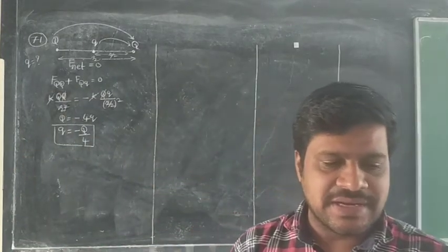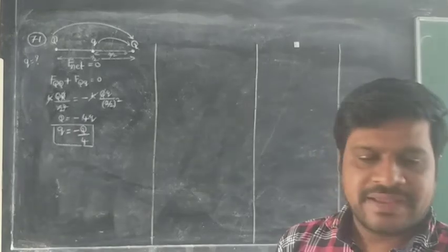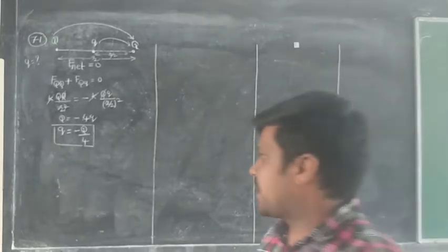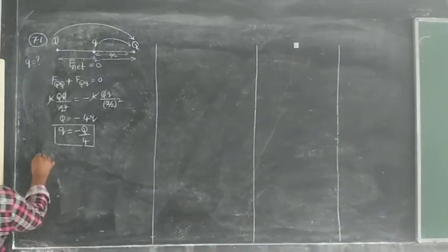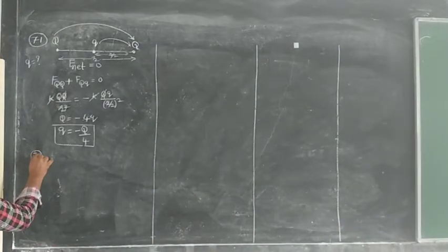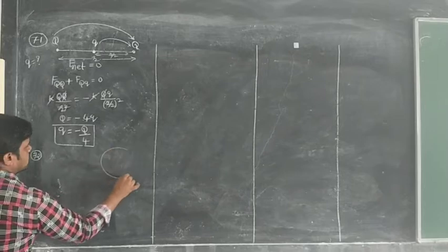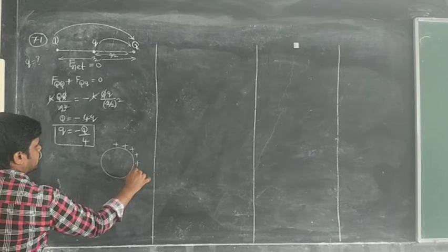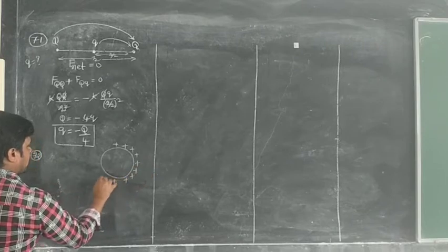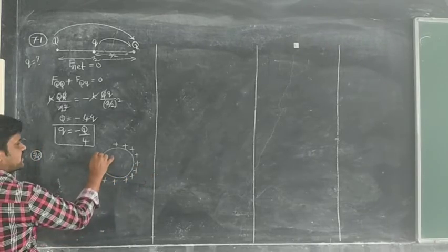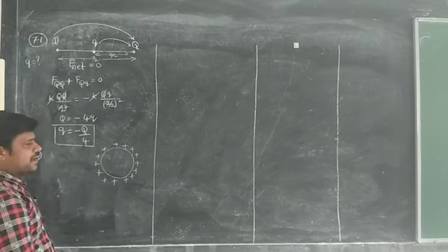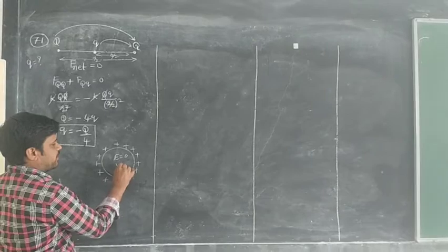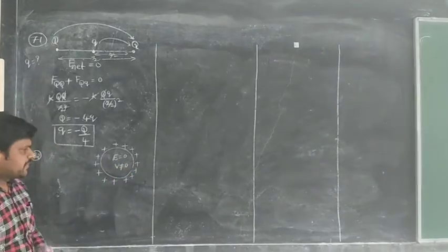Next one, problem number 72. Inside a hollow spherical conductor, the potential. Now this is the 72nd question I am solving here. This is one hollow spherical conductor, a charged hollow spherical conductor. Inside the hollow spherical conductor, the electric field is 0, but the electric potential is not equal to 0.